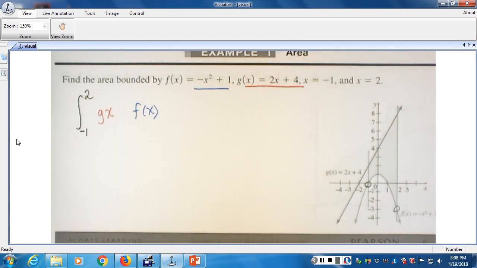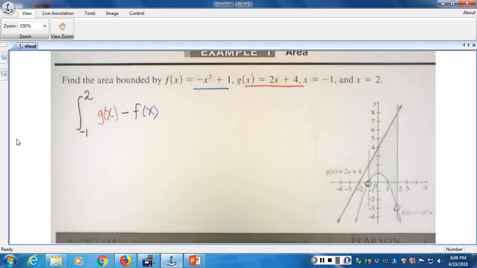So when we do this subtraction, we want to make sure that that's the order that we subtract the two functions. Okay?